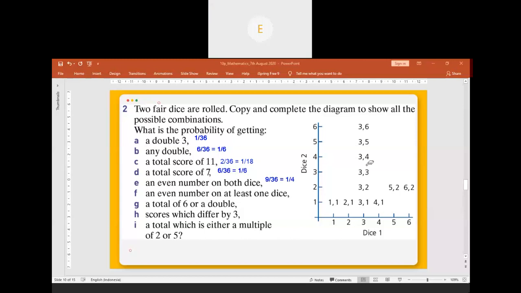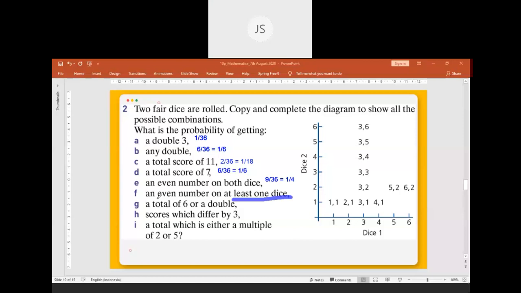27. Are you sure it is 27? I don't think it is 27. Okay, if you have something with at least one dice, you can get 27.